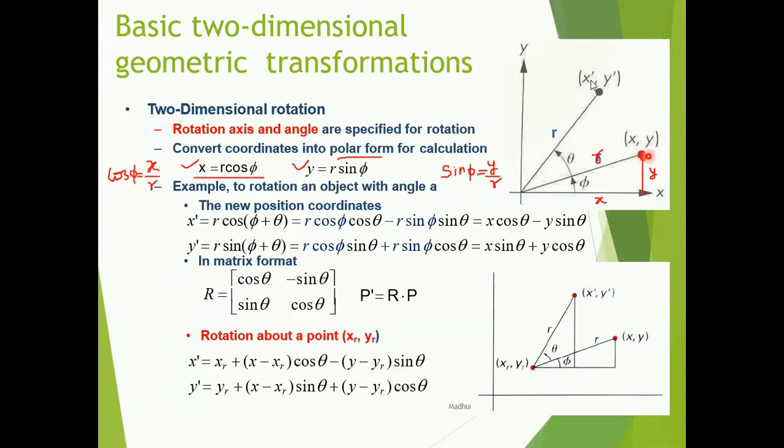The original point position was x comma y, and now you have rotated it with respect to the x axis, and placed this point in the x dash comma y dash position. Now again you get a certain angle. So what is the angle with respect to the x axis? That is phi plus theta, but the r remains the same.